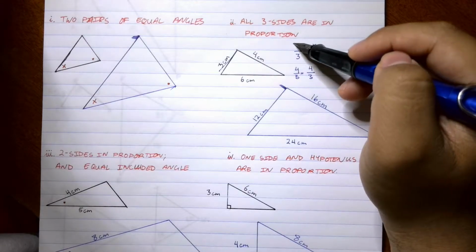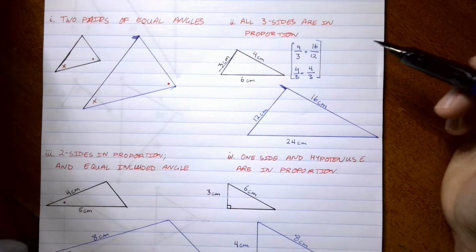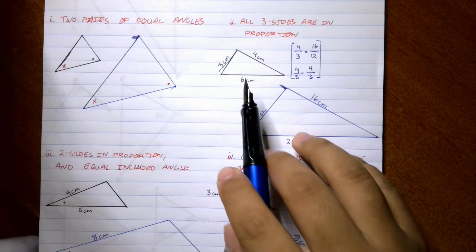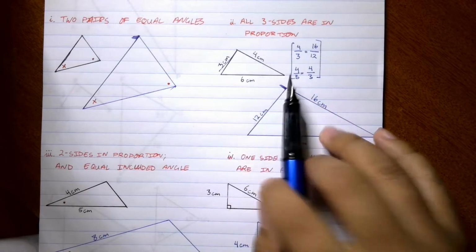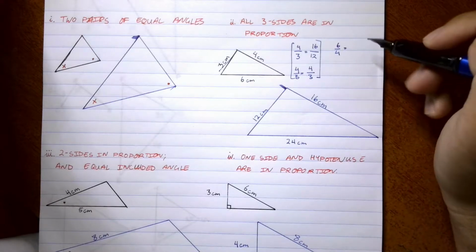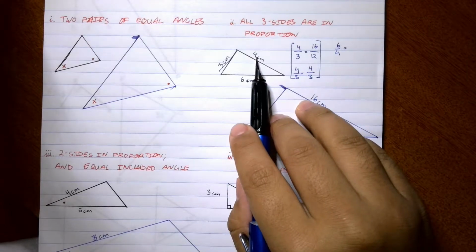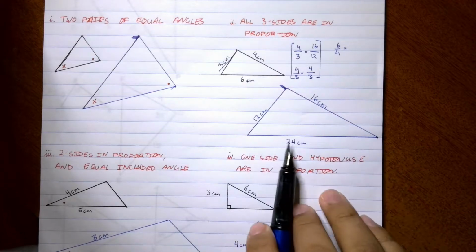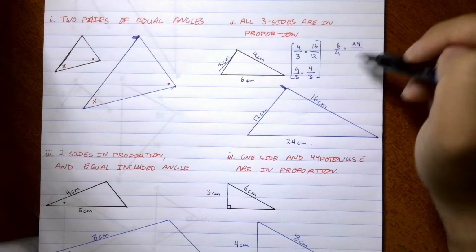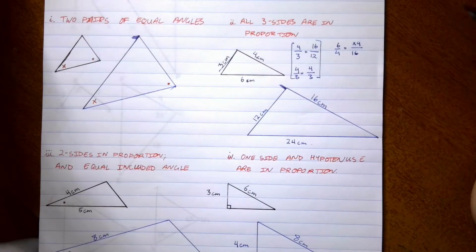And this idea of proportionality, we can do with any pair of sides. I could take 6 over 4, so the longest over the middle, and do the same on this triangle, the longest side over the middle side, and simplify these fractions.